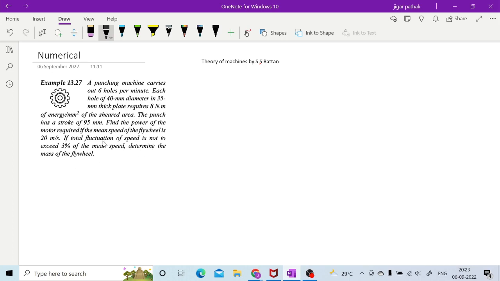So here what you have to do is, the data provided is the diameter is given as 40 mm, then K is given as 0.03, then T is given as 35 mm, and stroke is given as 25 mm.